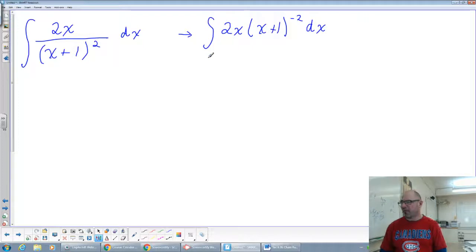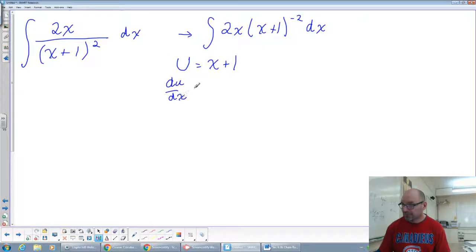Okay, and then we can do our u now, right? So u equals x plus 1, du/dx is equal to 1. Okay, so that means du equals 1 dx.